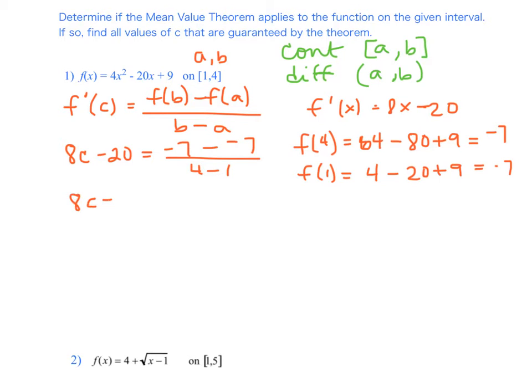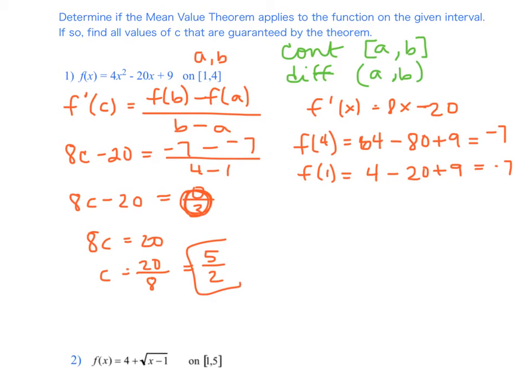So I get 8c minus 20 equals, if I clean this up, negative 7 minus a negative 7 is 0 over 3. So that's obviously just going to be one big 0, okay? So I'm going to add the 20 over, 8c is equal to 20, and c is equal to 20/8. Or, of course, if I divide top and bottom by 4, I get 5/2.